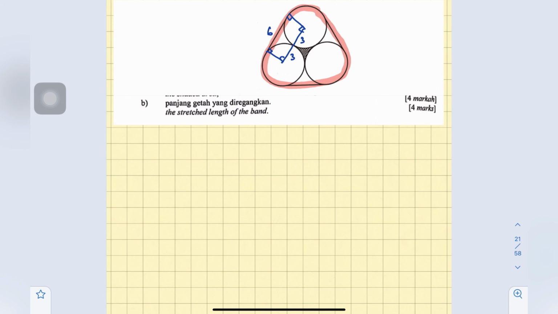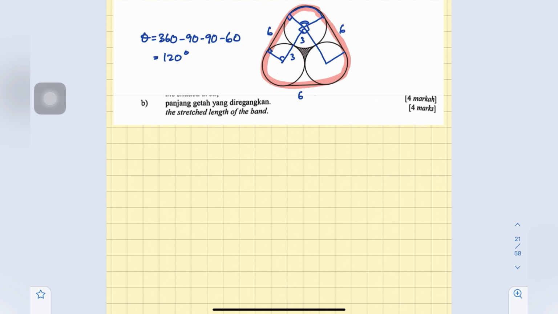So we have got 6. Then we are going to find the arc length here. This one is also 90 degrees. Earlier this one was 60 degrees, so we need to find theta. Theta is 360 minus 90 minus 90 minus 60, which gives 120 degrees.